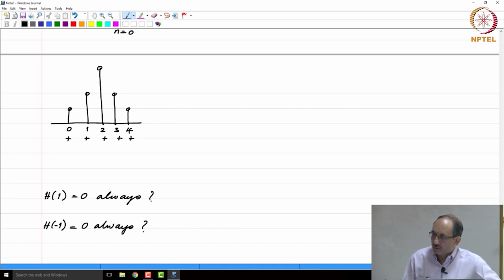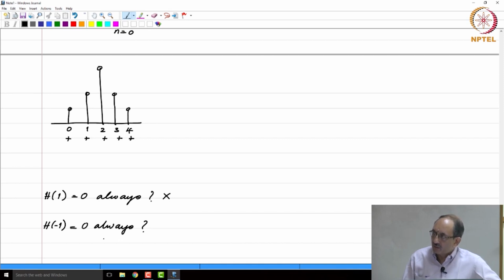So, these are the two things we want to answer. So, clearly if you add up all the sequence, will you always get 0? No. Therefore, for type 1 this is not the case that H of 1 is 0 always.